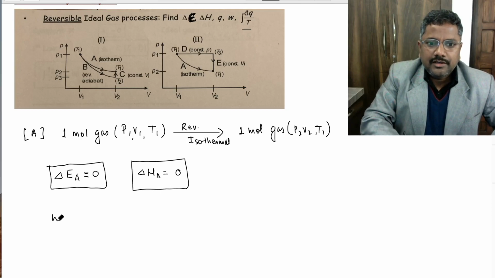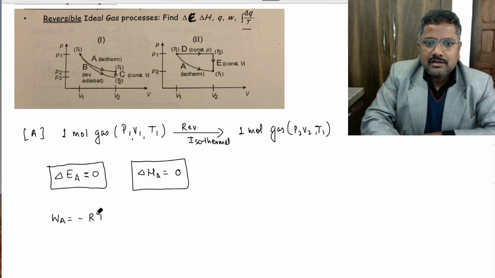Now WA is equal to minus RT1 ln V2 by V1, since temperature is constant at T1.